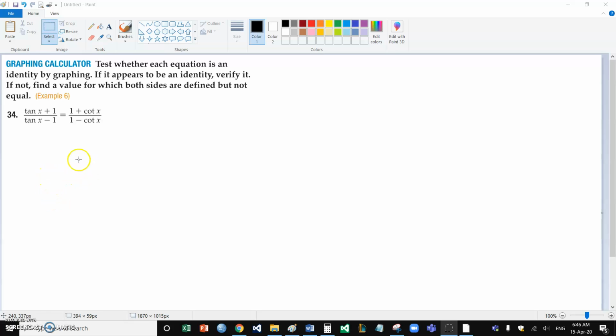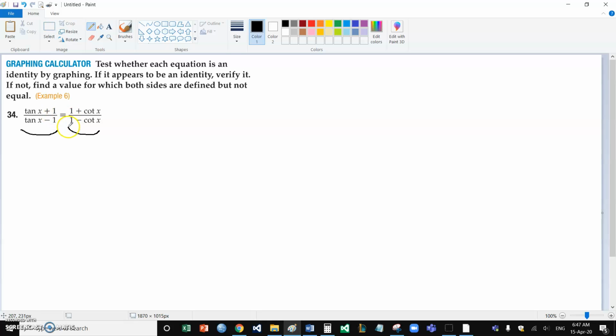In this type of question, we're going to use a graphing calculator, but since most of us don't have one, we're going to use an online tool. We're going to graph the left side alone and the right side alone. If those two graphs are the same, then we can conclude that this is an identity.